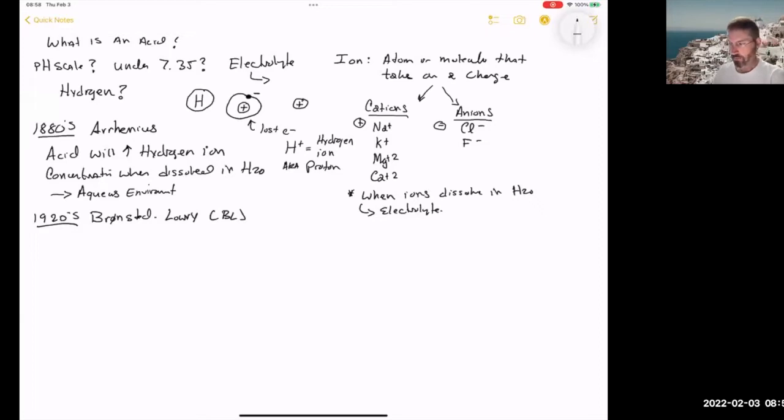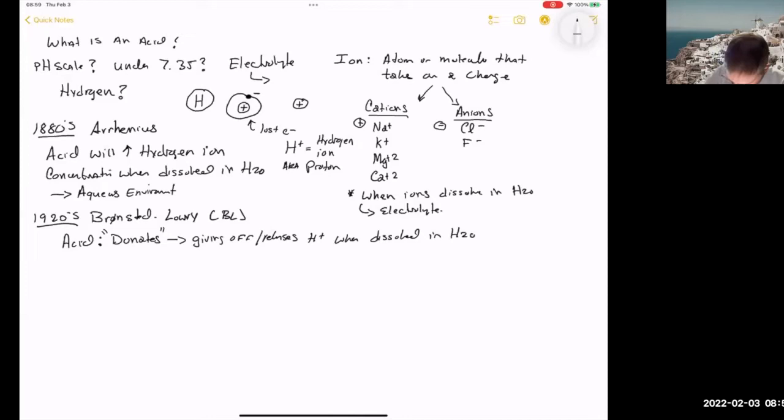What Bronsted-Lowry says is an acid is anything that "donates", and you can think of donate as giving off or releasing, hydrogen ions when dissolved in water.